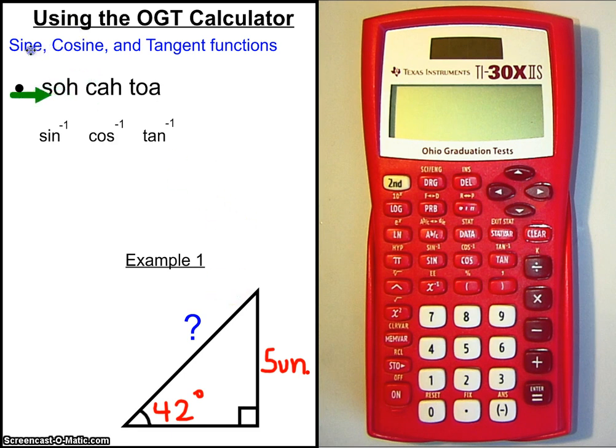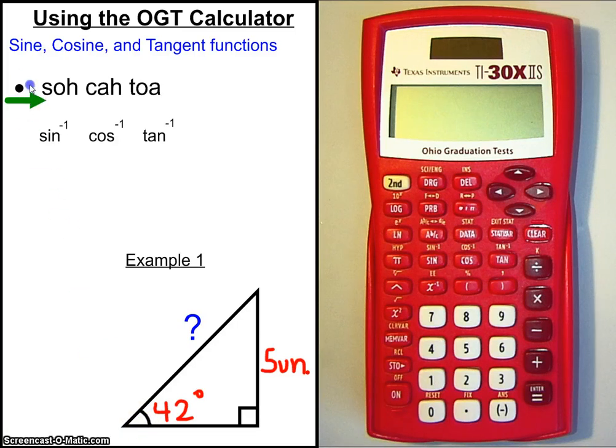Now, you may have seen something referring to Sohcahtoa. It's just a way of remembering how to set up the problems. S stands for sine, O stands for opposite, H stands for hypotenuse. So if you're dealing with each one of those, or even if you're looking for one of those particular things, then you're going to use that particular formula.